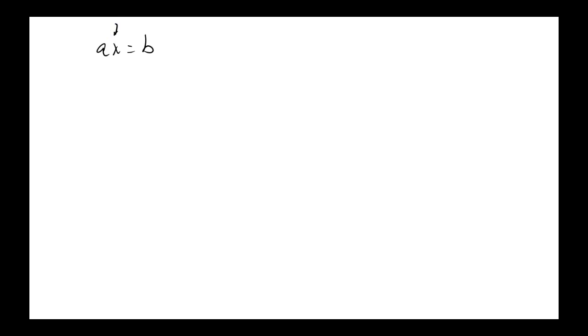Divide by A. Divide both sides by A, and that would give you X is equal to B over A. Or, another way to express that would be the reciprocal of A times B, right? Because 1 over A is the reciprocal of A. Okay? Now, they put a 1 out in front. I don't know why, but that's your answer.